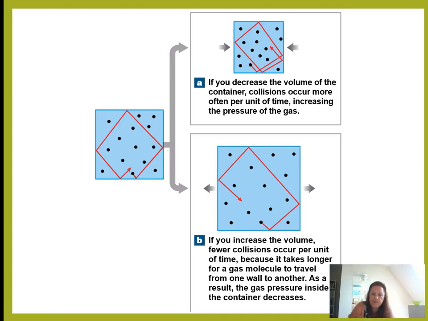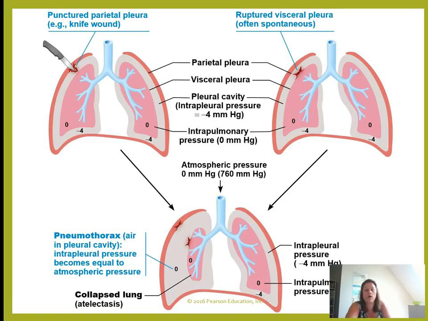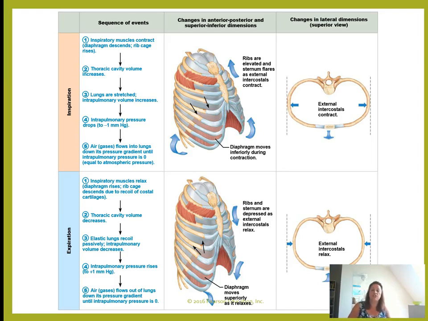So when we talk about the inspiration and the expiration and what's happening, this is a really, really great flow chart, right? How the muscles happen, how the volume increases, how the pressure drops. This is perfect.